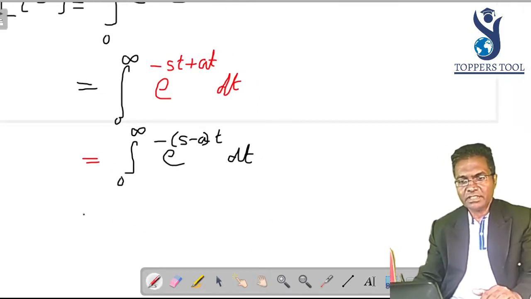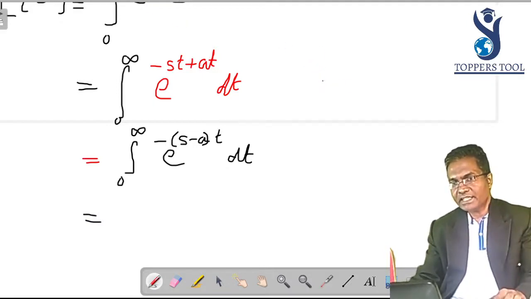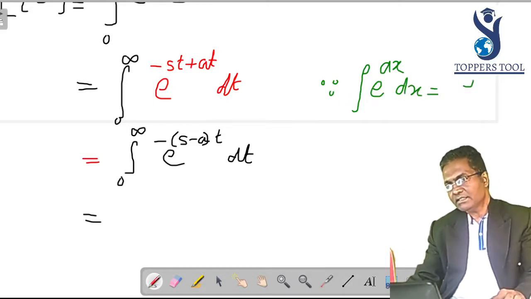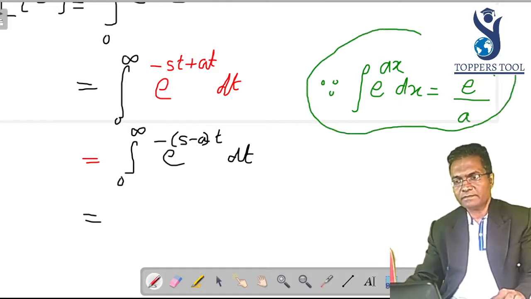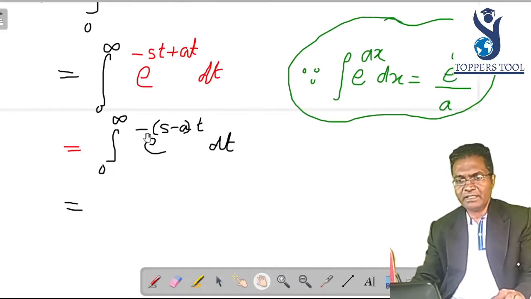Now think of or remember this. What is integration of e power ax with respect to x? Integration of e power ax is e power ax by a. So this you have to remember. Okay, so using this, your a means minus of s minus a.